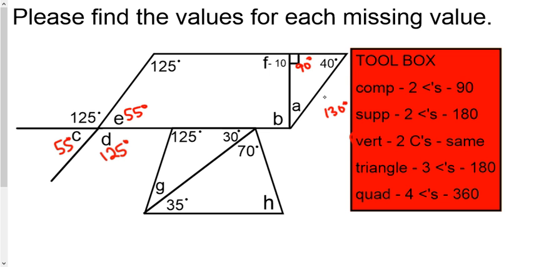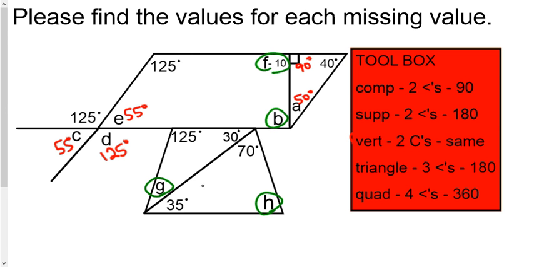And so we would subtract that 130 from 180 and find out that angle A is 50 degrees. So now we've got A, C, D, and E. What's left is we need to worry about F, B, H, and G.